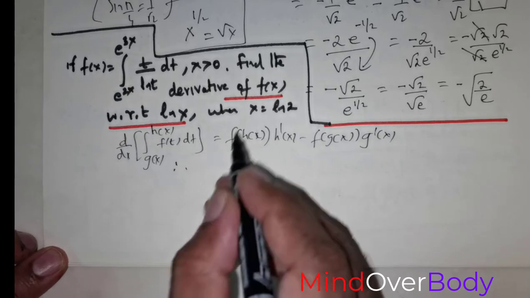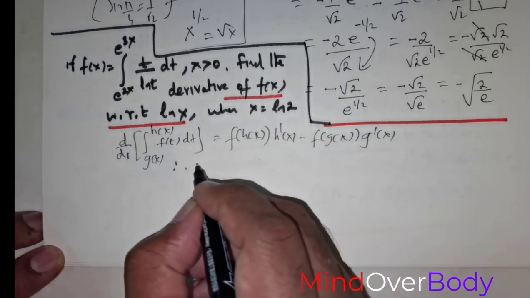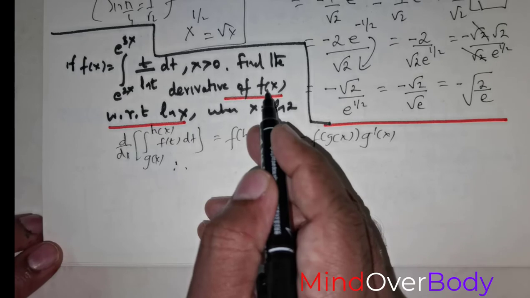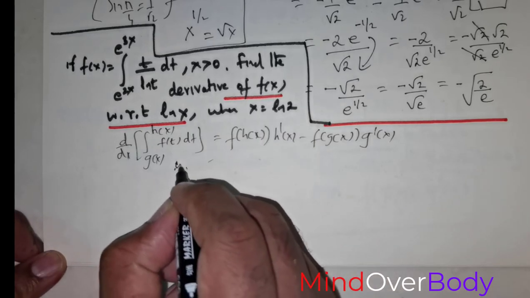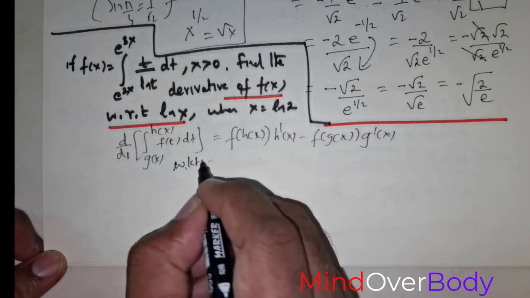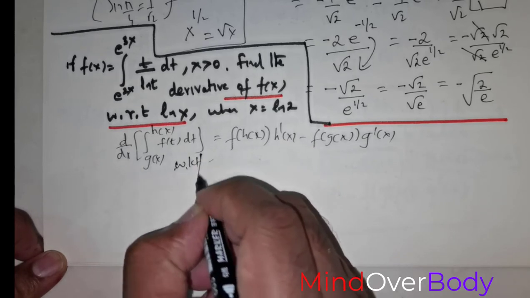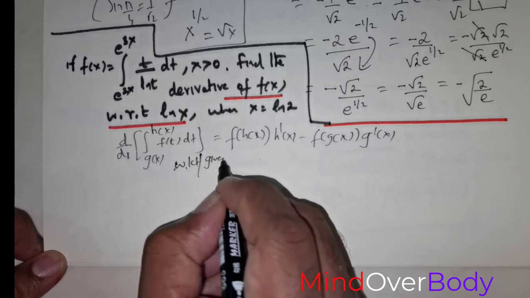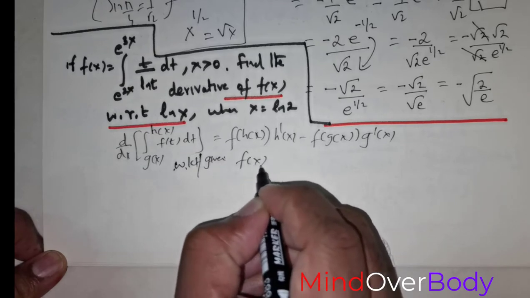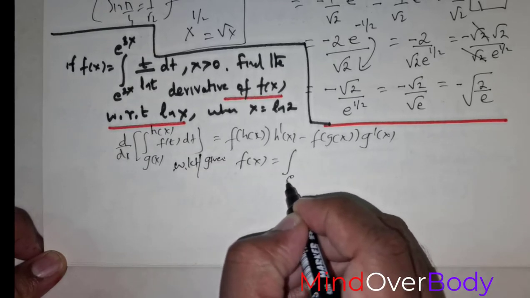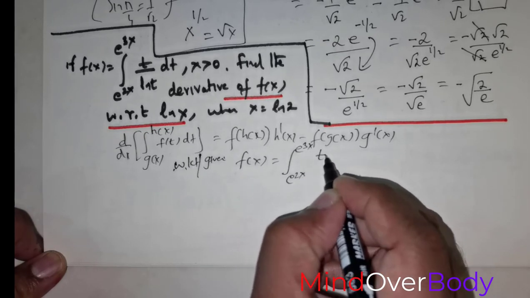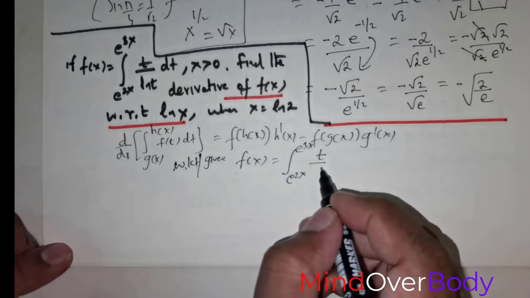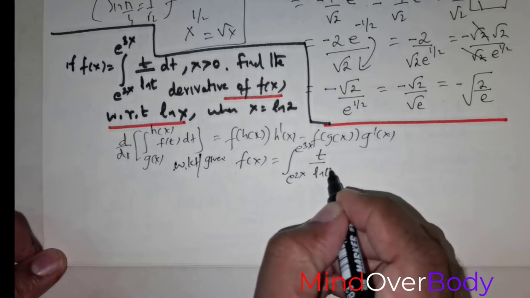So therefore let us find the d over dx of f of x. Now we know that, given f of x is equal to the integral from e raised to the power of 2x to e raised to the power of 3x of t over ln t dt.